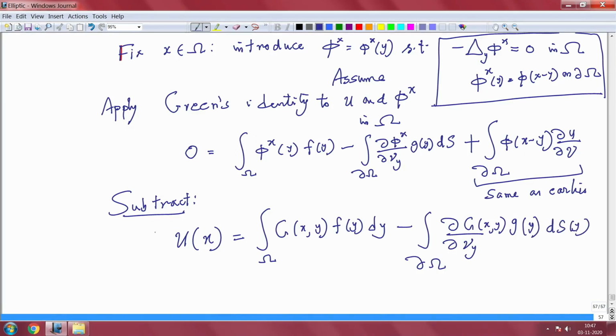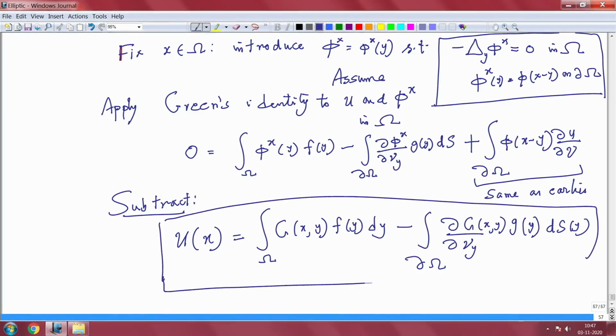This is what is called the Green's representation formula.